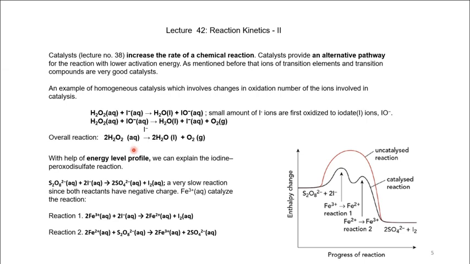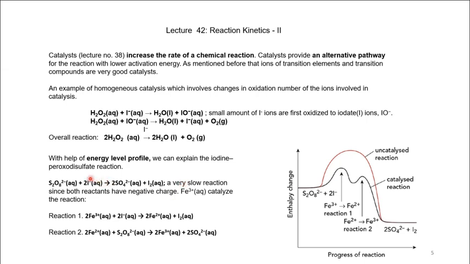We will see the energy level profile and also how peroxodisulfate reacts with iodide ion. Here we have peroxodisulfate and iodide ion, and the reaction goes to sulfate ion and aqueous iodine. Well, you see, this is a very slow reaction until we use a catalyst.